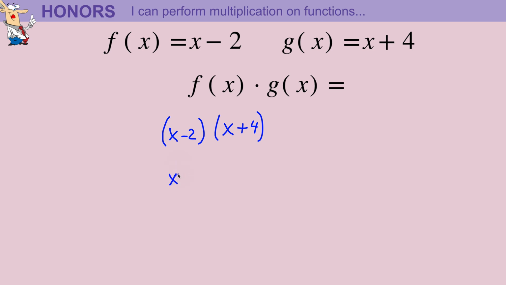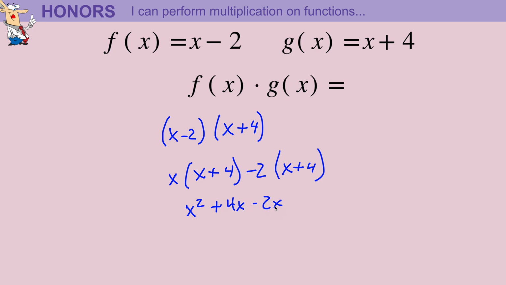Take the first term and multiply it by the second function. Take the second term, which is negative 2, and multiply it by the second function. We get x squared times x plus 4, plus negative 2 times x plus 4, which is negative 2x plus negative 8, and plus negative, we don't like those, of course.